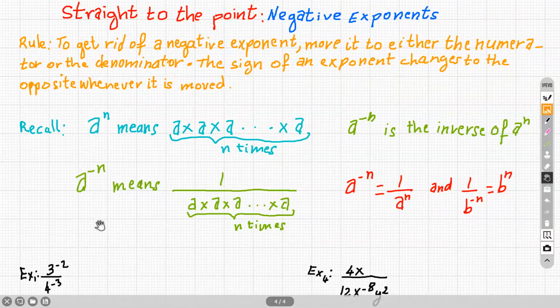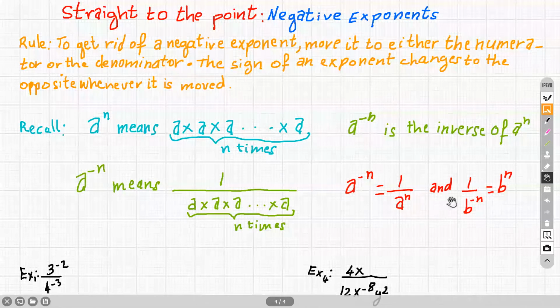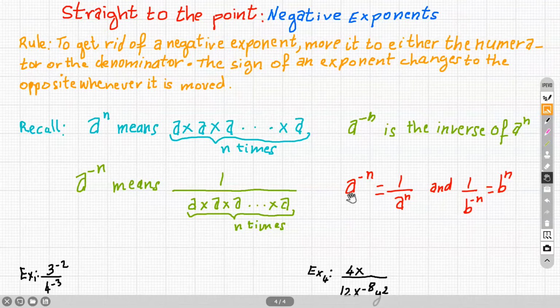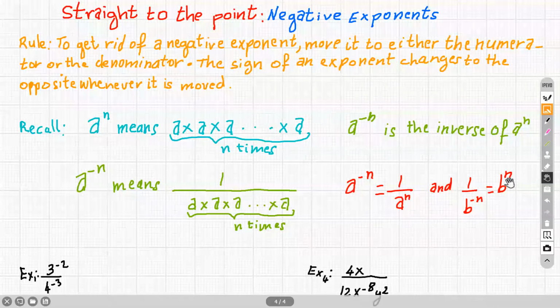Inverse concept. So here is the rule. If you raise an exponent to the power of negative n, it's equivalent to dividing by that exponent with a positive power. So a to the negative n equals 1 over a to the n, and 1 over b to the negative n is the same as b to the power of n.